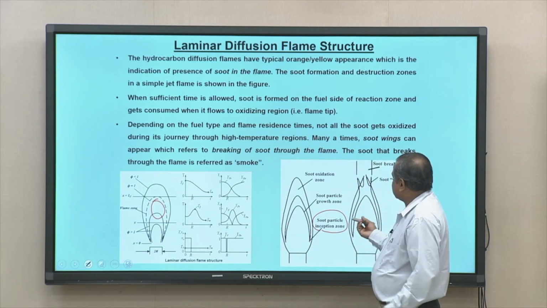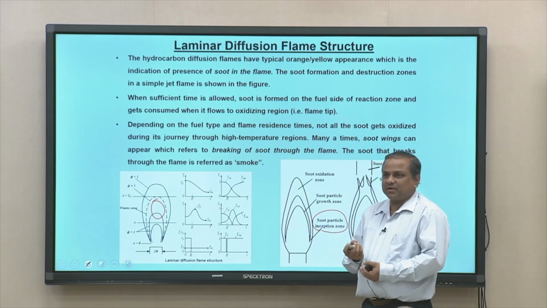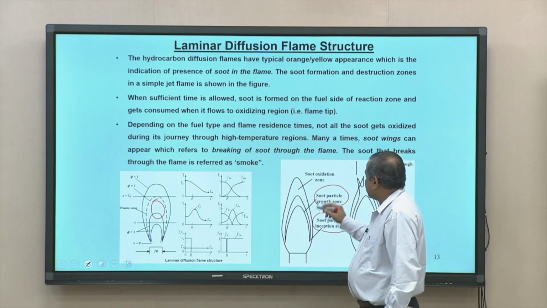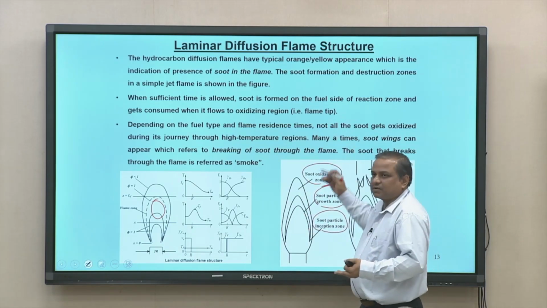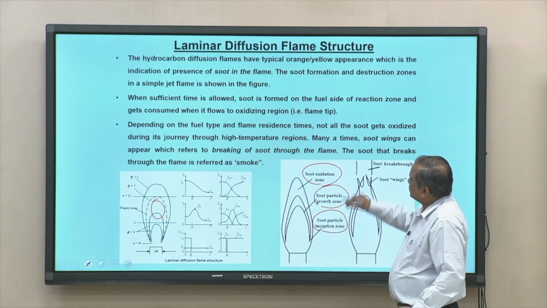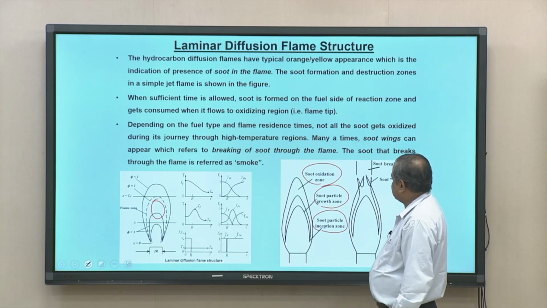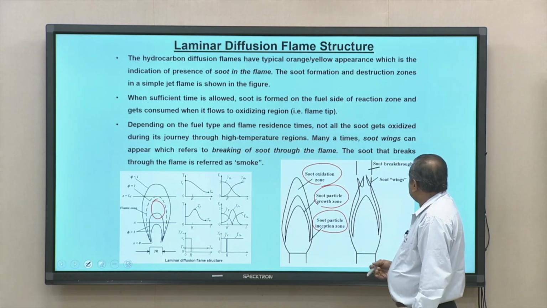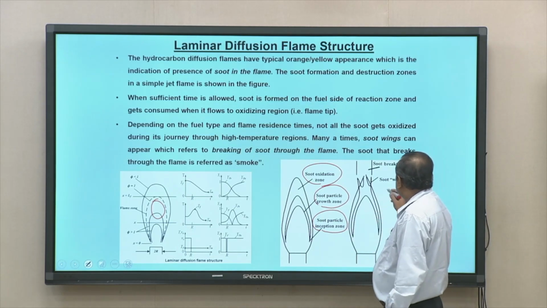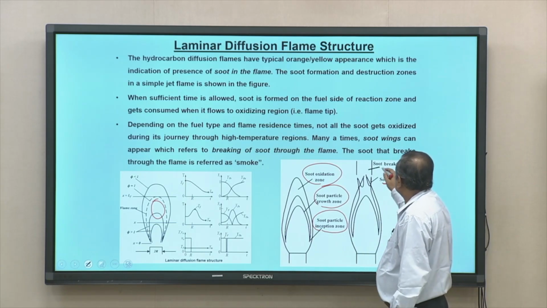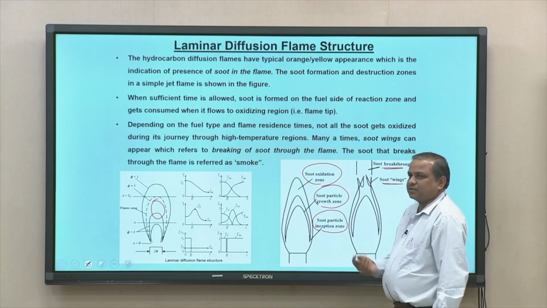Now these soot particles grow in size. Initially it is a small droplet, and as it grows in size, it starts oxidizing, because when it goes to the outer core it sees enough air. So it is not combusted, but it has diffused into air. Initially it starts with soot wings and then soot breakthrough.